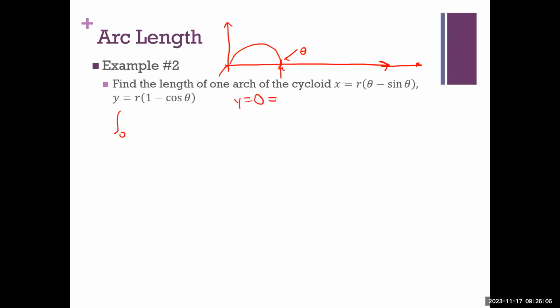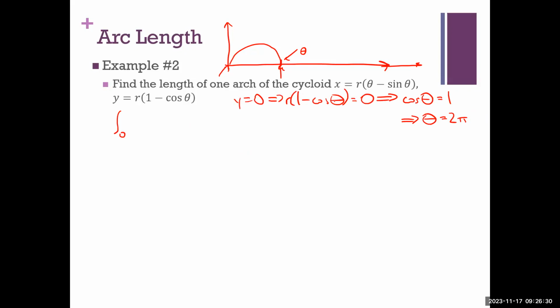If y equals 0, that means that 1 minus cosine theta equals 0, which means cosine theta equals 1, which means Munya was right all along. Why did you ignore R? Here's why. I didn't really ignore it.